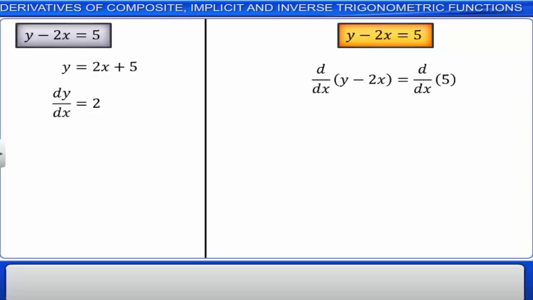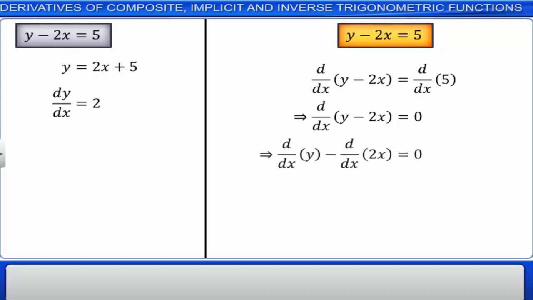Now, by the property of derivatives, we get dy by dx minus d by dx of 2x is equal to 0. This implies that dy by dx minus 2 is equal to 0. Therefore, dy by dx is equal to 2.